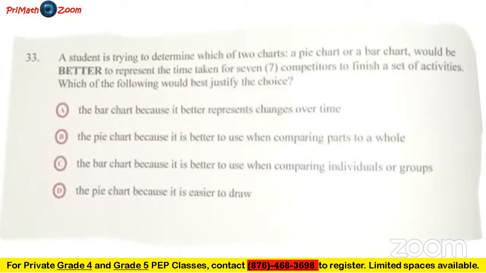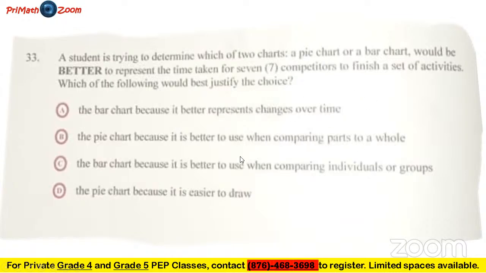All right. A student is trying to determine which of 2 graphs, a pie chart or a bar chart, would be better to represent the time taken for 7 competitors to finish a set of activities. Which of the following would best justify the choice? The bar graph, because it better represents changes over time. The pie chart, because it is better to use when comparing parts of a whole.